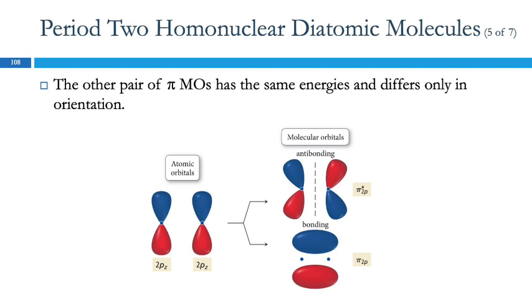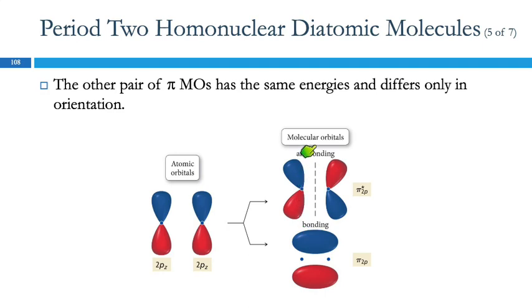Then there's the third one in the z-axis. And so again, we can combine these so that the positive ends interact with each other and the negative ends interact with each other. And so now we get this bonding orbital. There's positive phase here, negative phase here. There is electron density shared that's pulling the nuclei together, right?